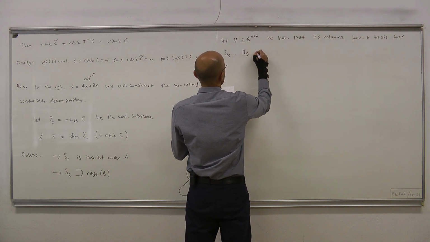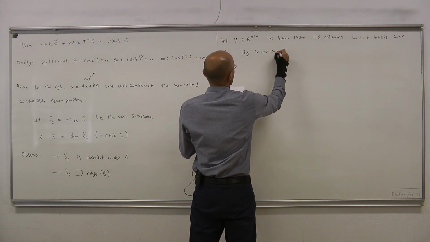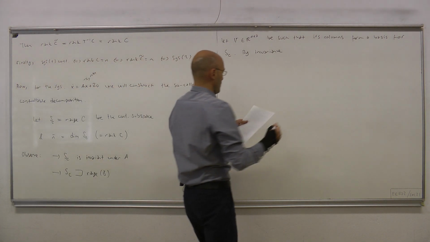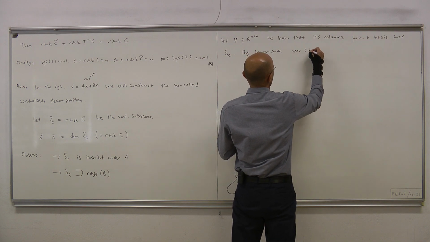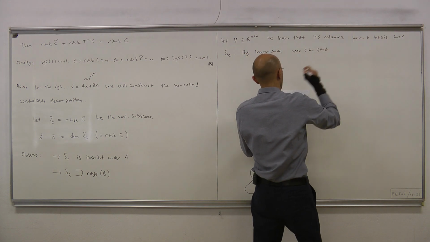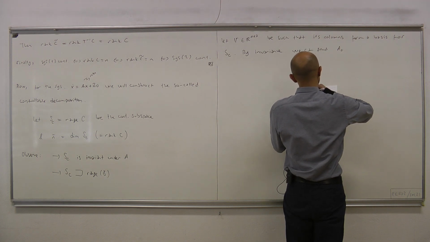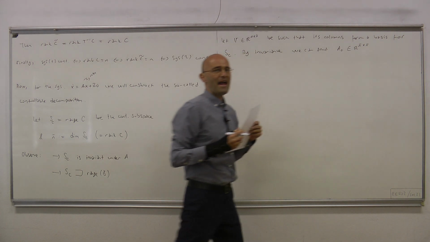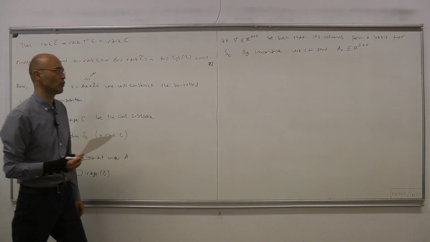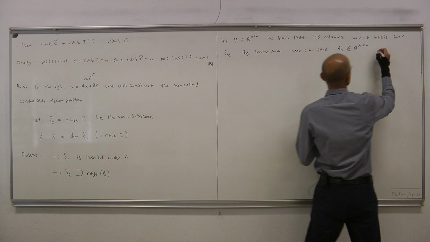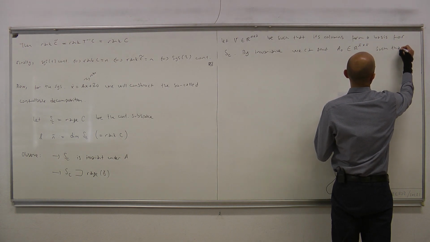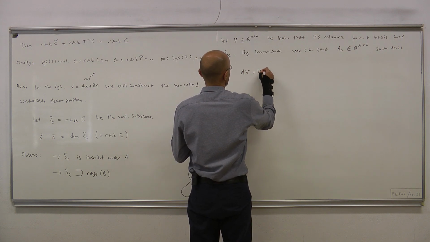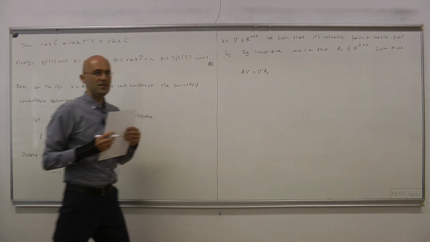Now, by our invariance observation made here, we can find a square matrix, let's call it A_C, of size n bar by n bar, n bar being the dimension of our controllable subspace, such that AV equals V times A_C.